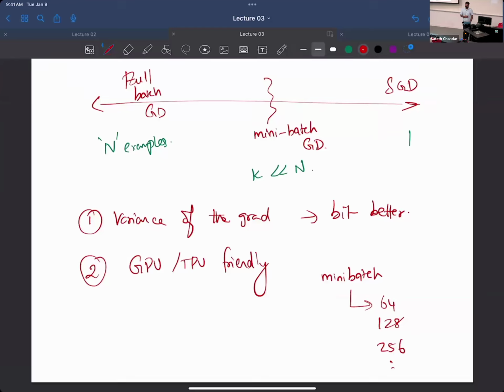What's the benefit? Matrix multiplication is just faster with GPUs when your batch size is a power of 2. There are faster algorithms, so you will actually see a considerable difference in the computation speed by doing 64 versus 60.